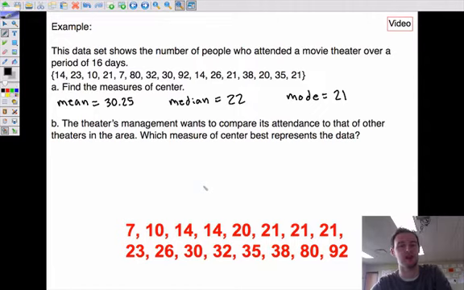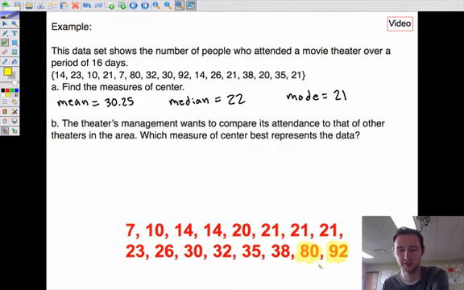Part B is where I think it gets more interesting. The theater's management wants to compare its attendance to that of other theaters in the area. So it wants to know which of these 3 measures of center would best represent their data. If we look at these values, it looks like there was a day where 80 people showed up, and another day where 92 people showed up. Those numbers differ greatly from all of these others.